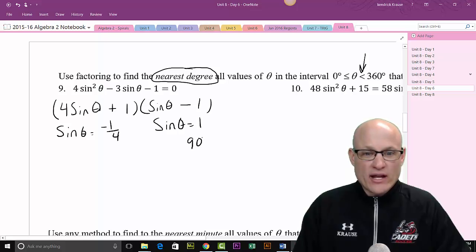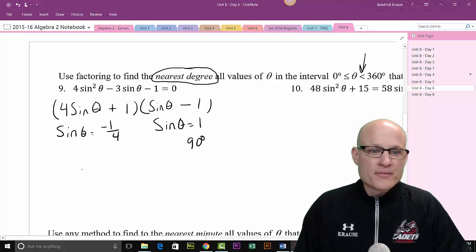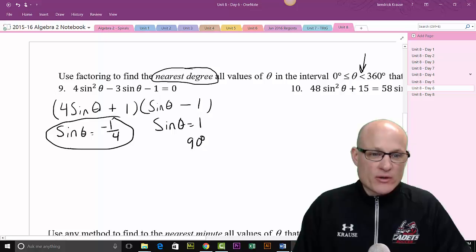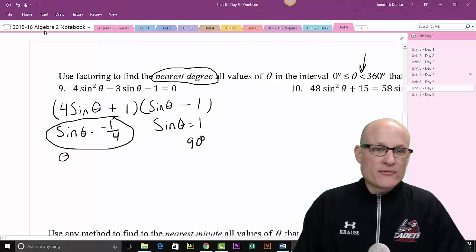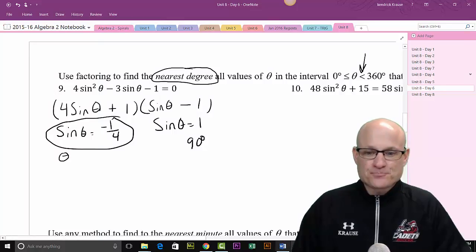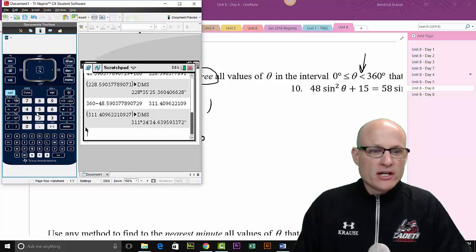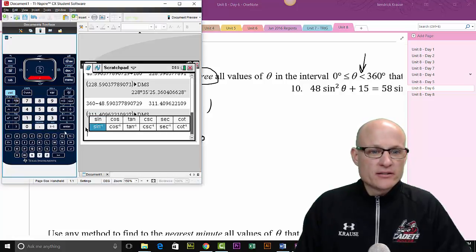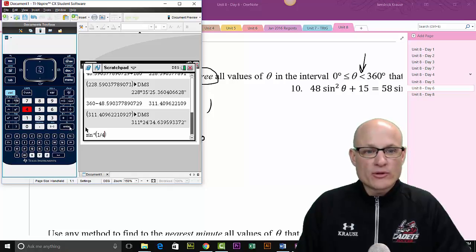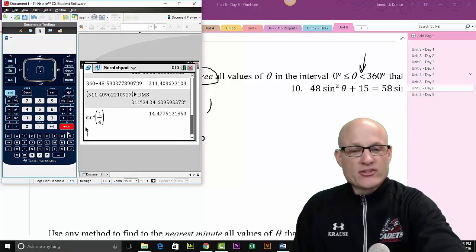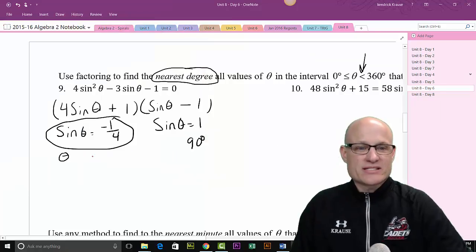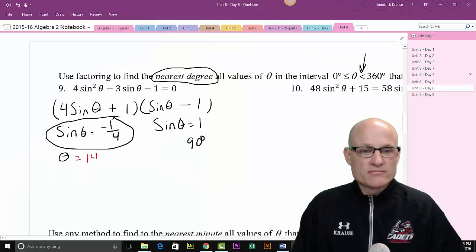Well, this one's easy. It's just 90 degrees. No problem there. But this one, remember, we're not going to put in the negative. We just have to figure out what our reference angle is. So I come over to my calculator, and I'm going to do inverse sine of 1/4. Could have put in 0.25 if I wanted. And to the nearest degree, that's 14 degrees.